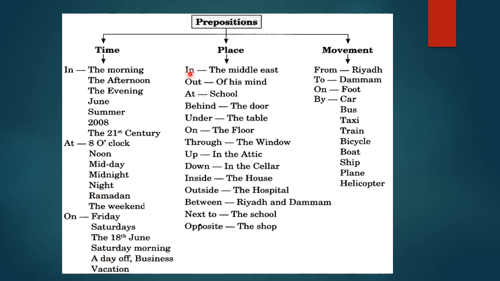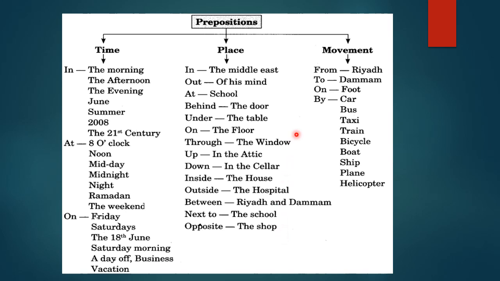Now coming to preposition of place: in the Middle East, out of his mind, at school, behind the door, under the table, on the floor, through the window, up in the attic, down in the cellar, inside the house, outside the hospital, between Riyadh and Daman, next to the school, opposite the shop. So these are all preposition of place.